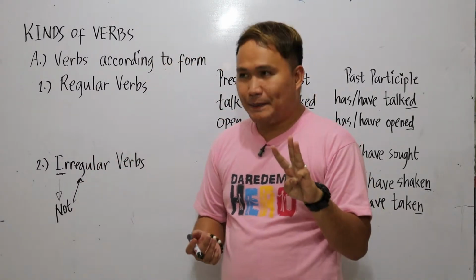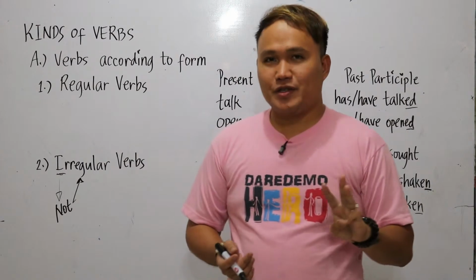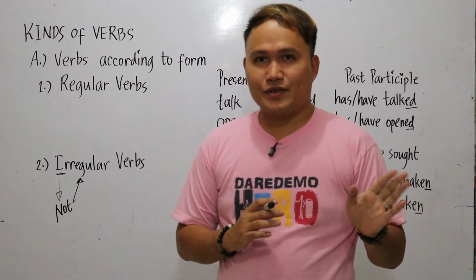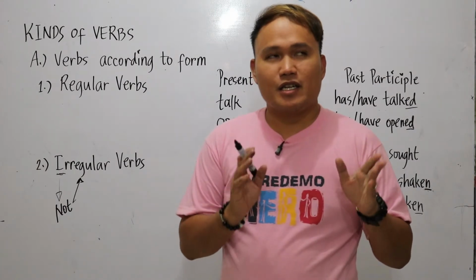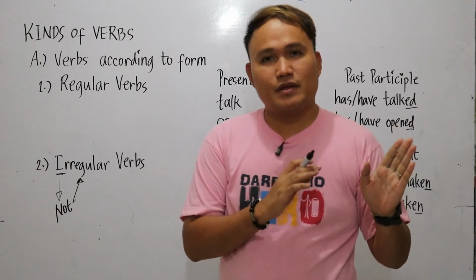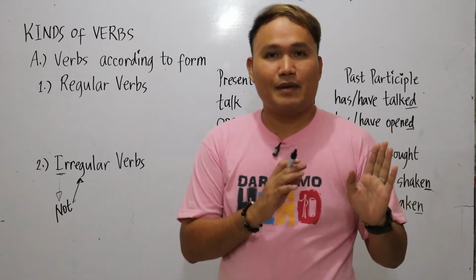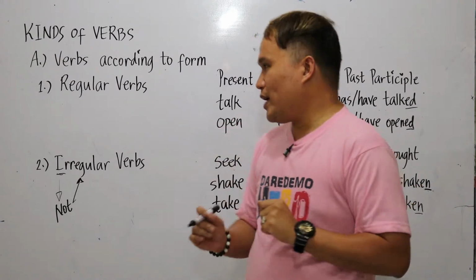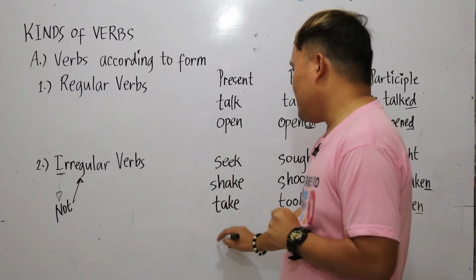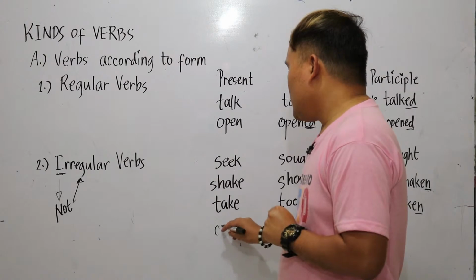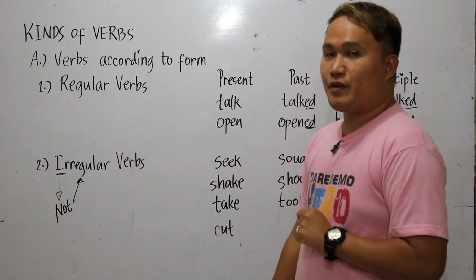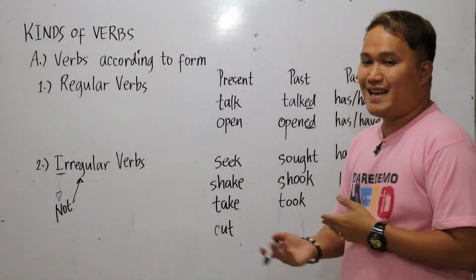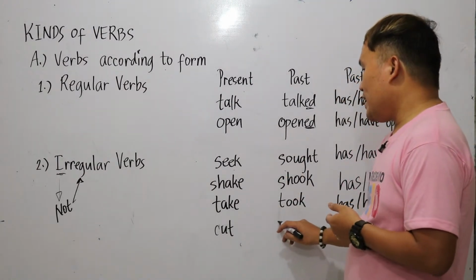Third way is, you don't have to change the spelling at all from past tense. I mean, not just past tense, but even the simple tense of the verb, the main verb. For example, we have cut. So, cut is the simple form of the verb. If we're going to transform that one to past tense, it will still be cut.